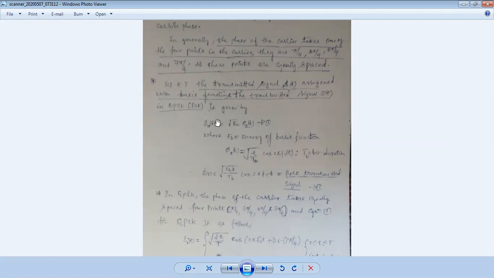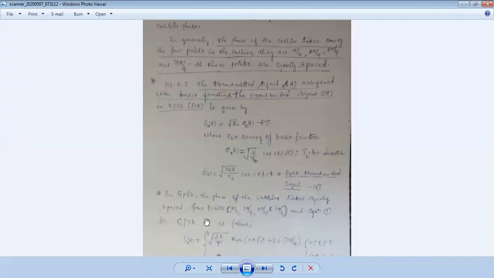This is the BPSK signal, square root of 2Eb by Tb into cos 2 pi fct. It is the phase and information of this signal, which may be 1 or 0. This is for BPSK.